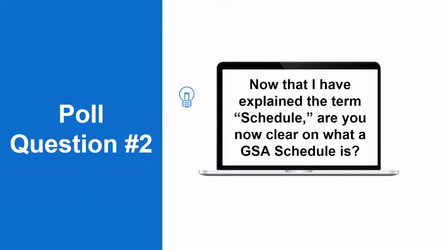However, we do at GSA OSDBU offer one-on-one counseling and training, so you can reach out to us. And also, Michelle's going to share some more information with you all to make sure that you're really understanding what a GSA schedule is. So let's keep going.